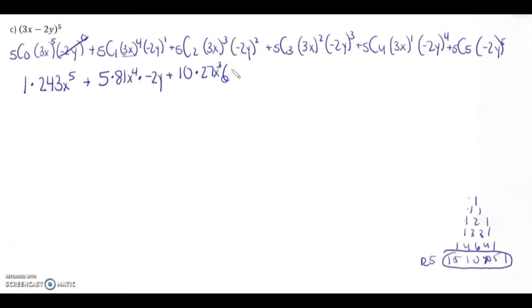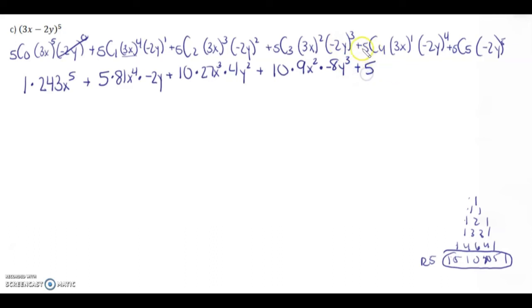Then, negative 2 times negative 2 is positive 4. So this is going to be 4y squared. Plus 10. 3 squared is 9, so we get 9x squared. Negative 2 to the exponent 3 is going to be times negative 8 y to the 3. 2 and 2 is 4, 4 is 8.